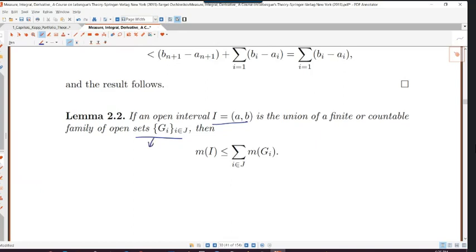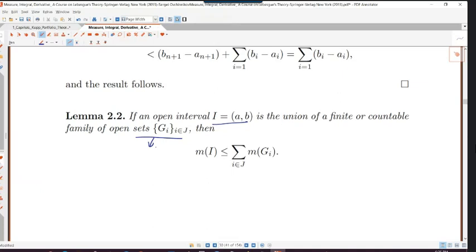Because for any open set Gi, we have its component intervals. It could be written as a union of disjoint open intervals called its component intervals.